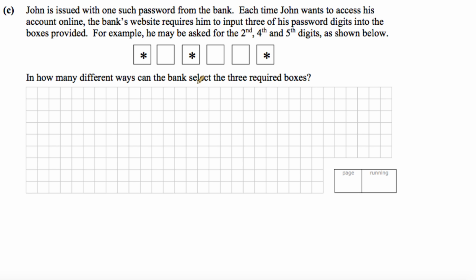Okay, so what they're basically saying there is how many ways can you choose 3 boxes, 1, 2, 3, from 6. So there's a button on your calculator, the nCr button, and this is how we make so many choices from a number of things. So what we are looking for is how many ways can you choose 3 things from 6.